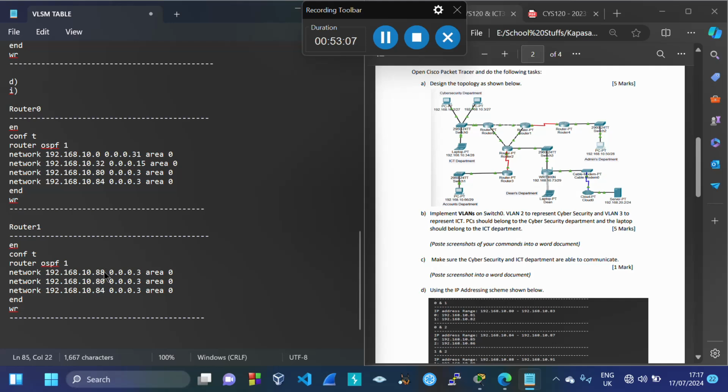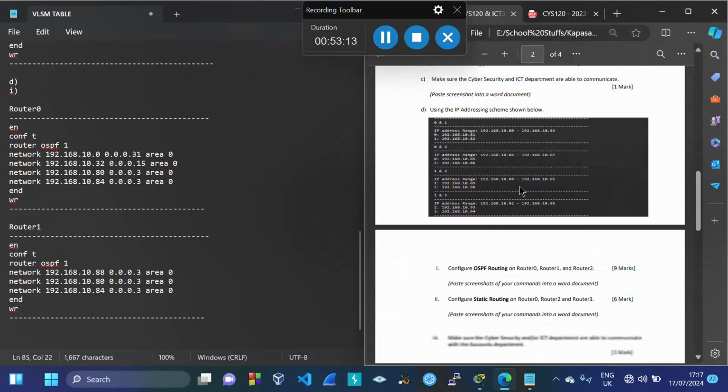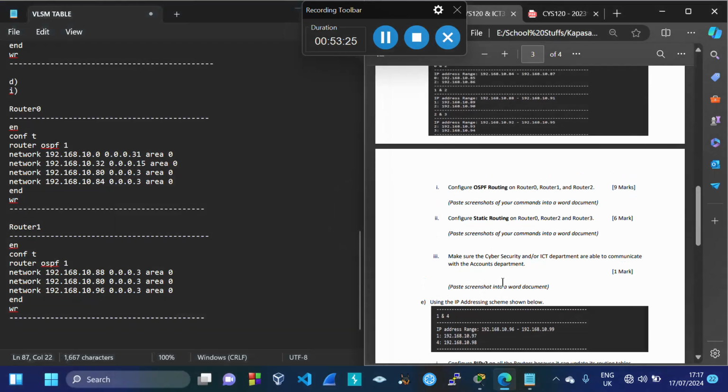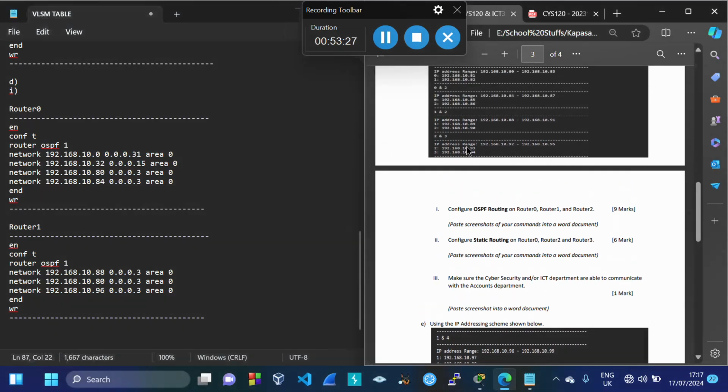We need to broadcast that network. The last between 1 and 4, I need to broadcast that network. Here's the subnetting. Between 1 and 4, we have 96. So I'll just put 96. It means we've broadcasted those which are known by 1.